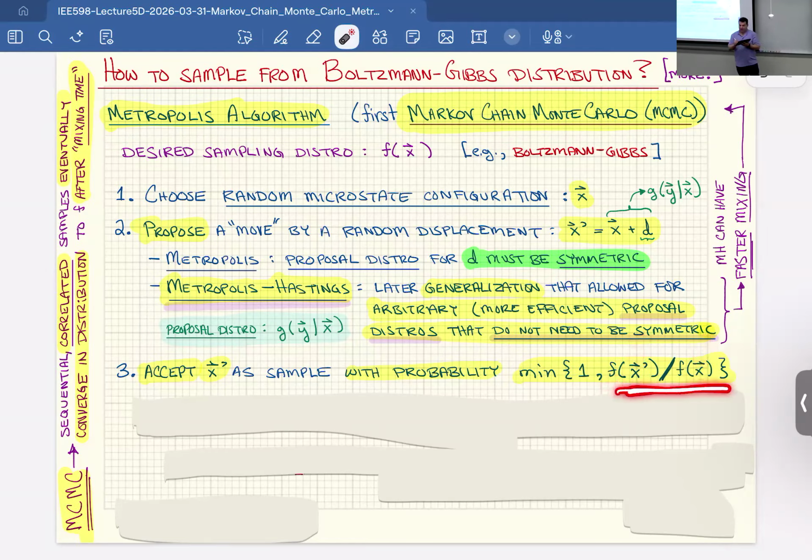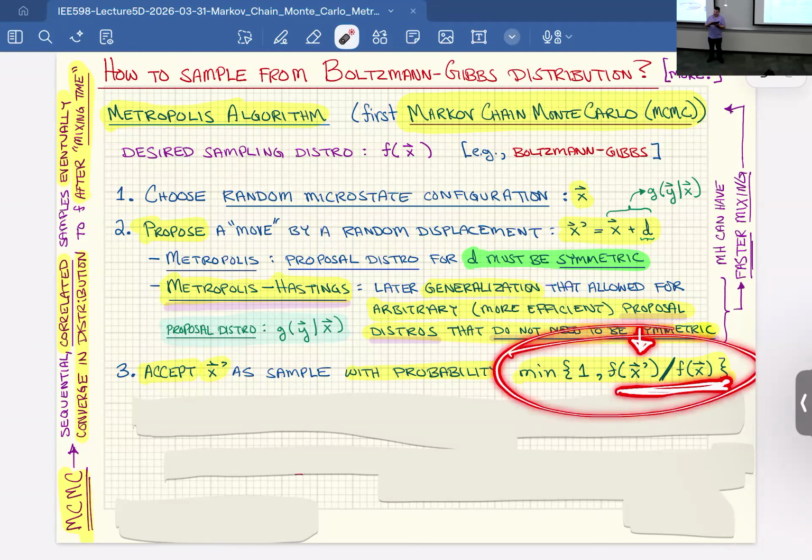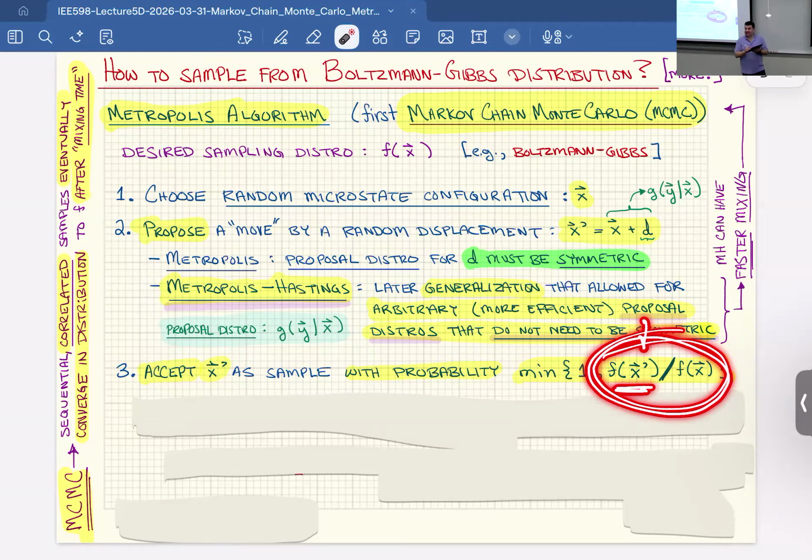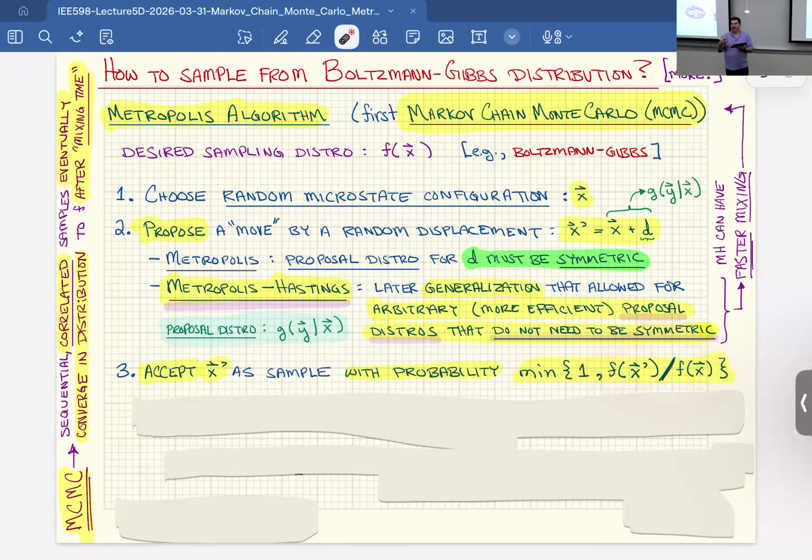If this ratio is more than 1, then you take x prime. That's all this minimum says. But if this ratio is less than 1, that means the density at your new point is slightly less than the density at your old point. So now you only take the new point with some probability.